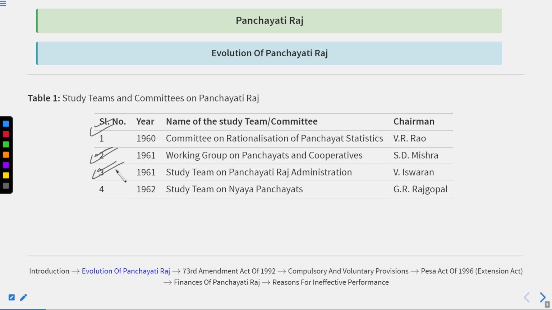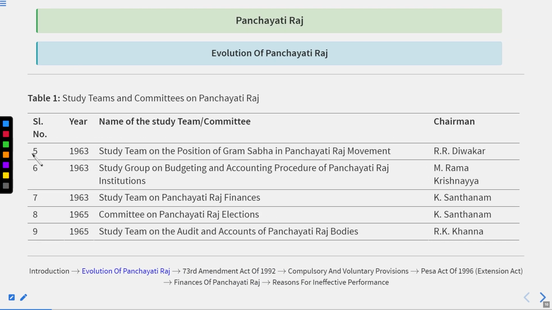Third committee, in 1961, Study Team on Panchayati Raj Administration, V. Iswaran. Then, established in 1962, Study Team on Nyaya Panchayats, G.R. Rajgopal. Alright, that's the thing. Thereafter, in 1963, Study Team on Position of Gram Sabha in Panchayati Raj Movement.